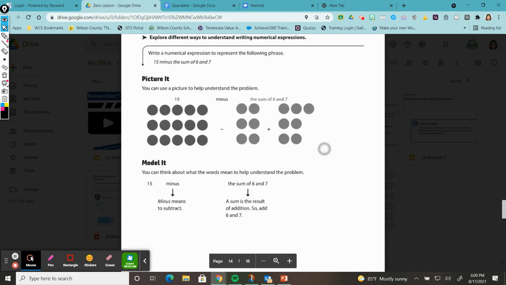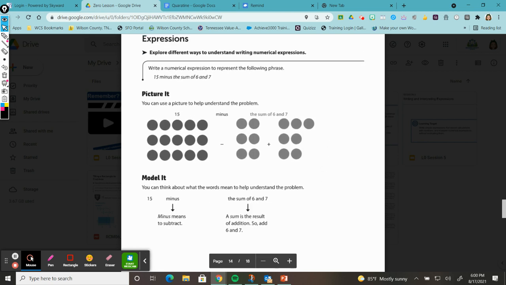On this next page, we have a picture it. Now we have the exact same expression as before, 15 minus the sum of 6 and 7. And we're going to look at how they drew a picture of this.